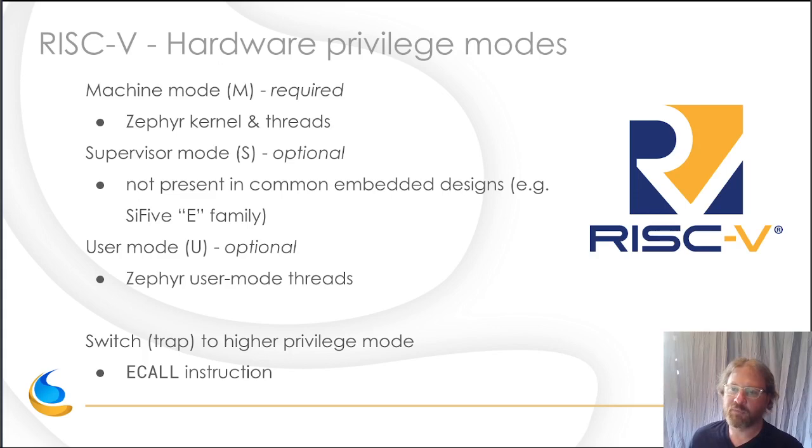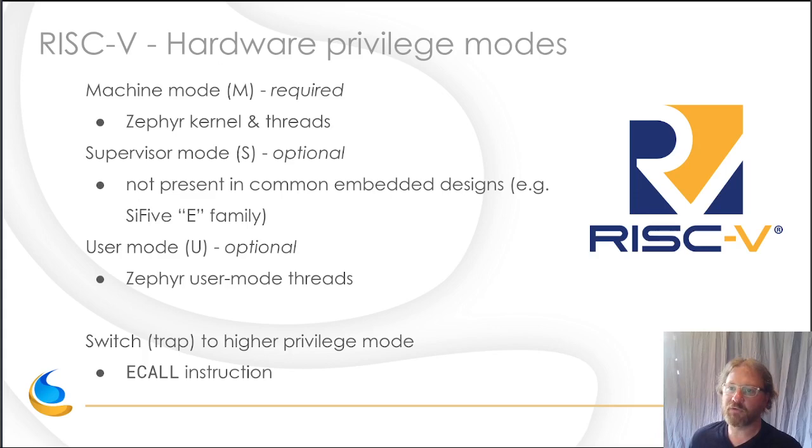Before we started our work, the Zephyr port to RISC-V supported this mode only, where the kernel and threads all ran in machine mode, at the highest privilege level. So there's no switching between privilege modes, and that supports RISC-V cores that only have machine mode. This is the minimum mode, and that's the basic RISC-V port to Zephyr we used even before we started our work.